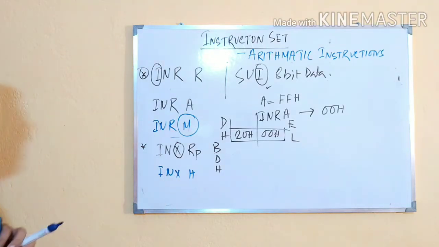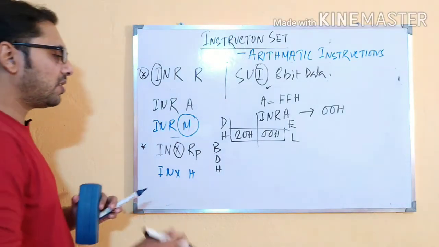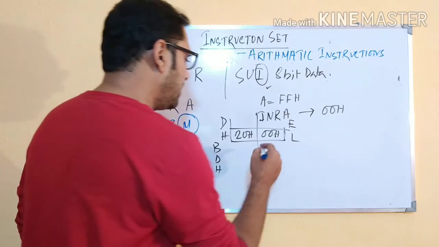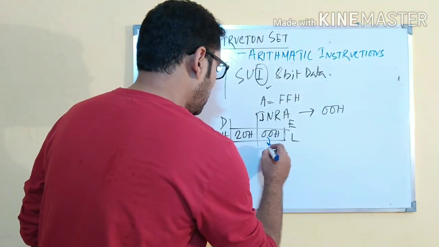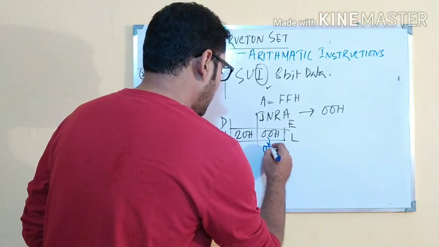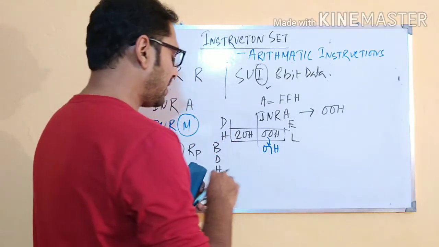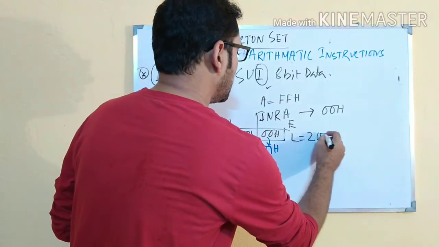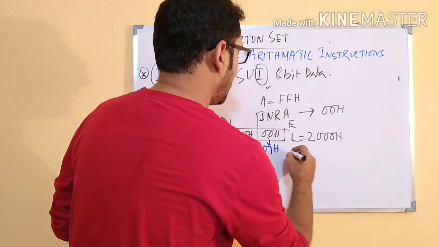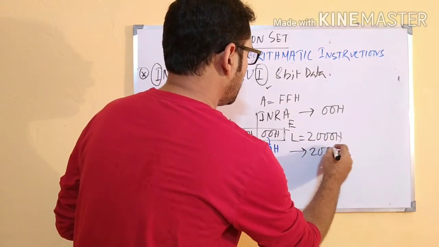At this condition, if I write INX H, then what will be the value? The value of L will be incremented by 1, from 00 hex to 01 hex. That means the previous value was 2000 hex and the present value is 2001 hex.